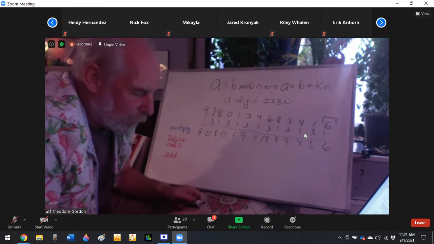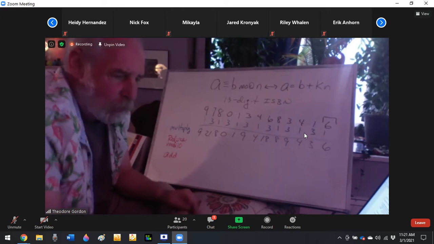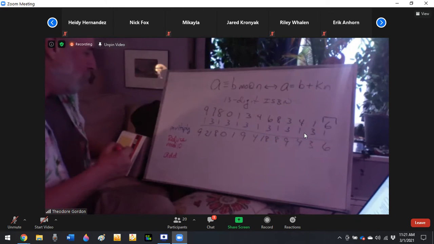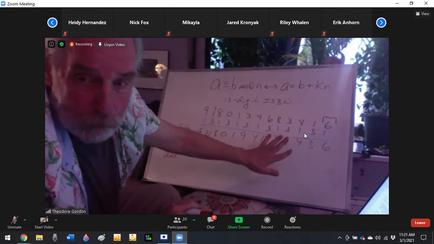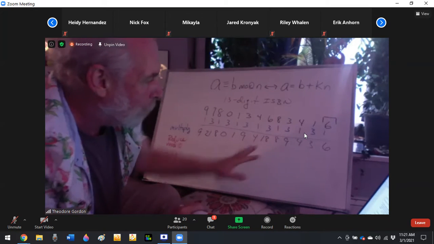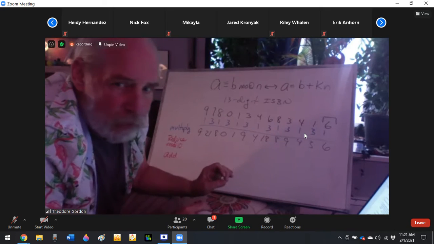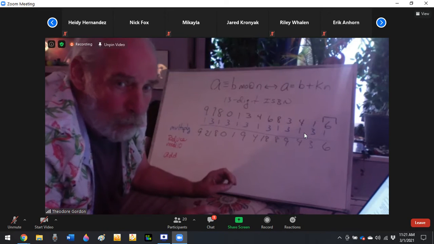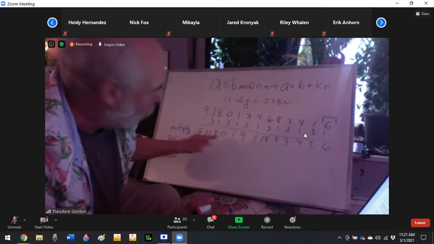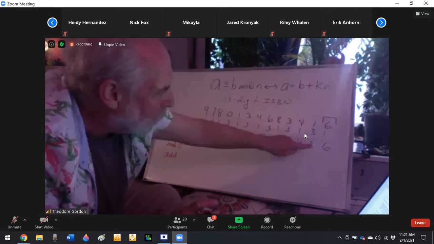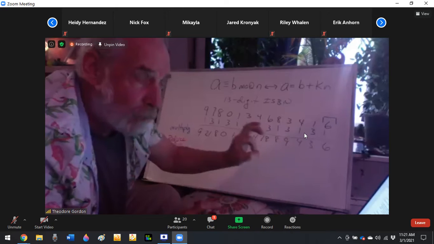It's a wonderful system, very easy. You could add up all of these numbers, and as long as they add up to a multiple of 10, this number would be valid. If the total ends in a 0, you're good to go.